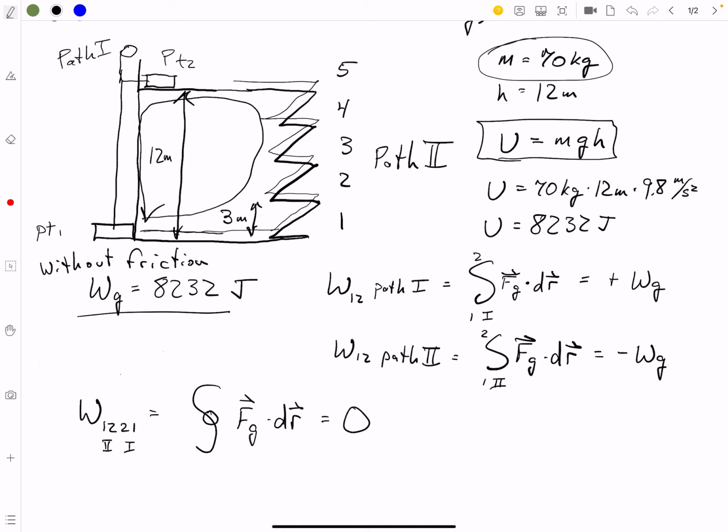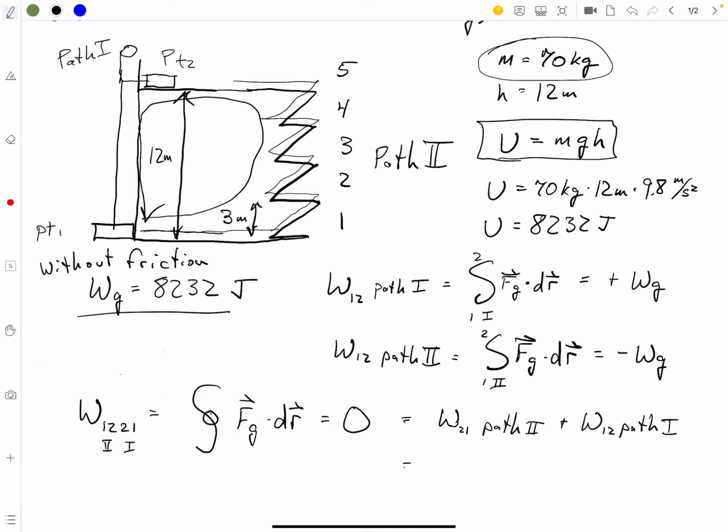Well, because we are adding the work of 1 to 2 for path 2 plus the work of 2 to 1 for path 1.